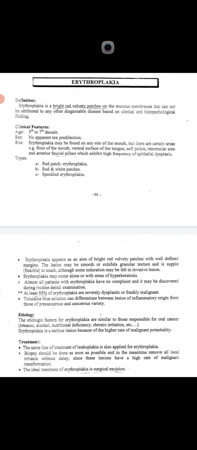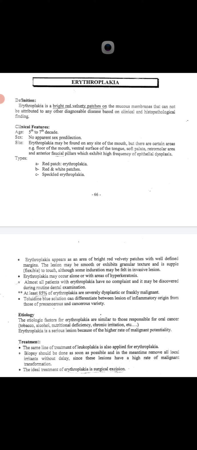Third is speckled erythroplakia, which we already discussed in the fourth video on white lesions. In speckled erythroplakia the base of the lesion is red and above it there is a white lesion, hyperkeratosis. The oral precancerous lesion with the most malignant potential is erythroplakia.